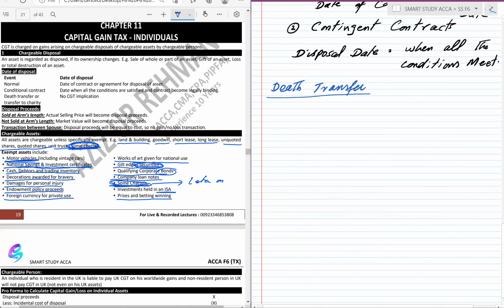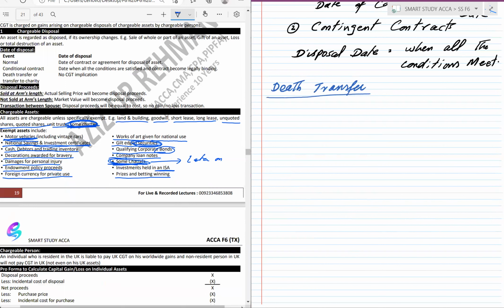But please remember over here that CGT is basically a lifetime tax. Capital gain tax is a lifetime tax. No CGT is payable after the death date of an individual.